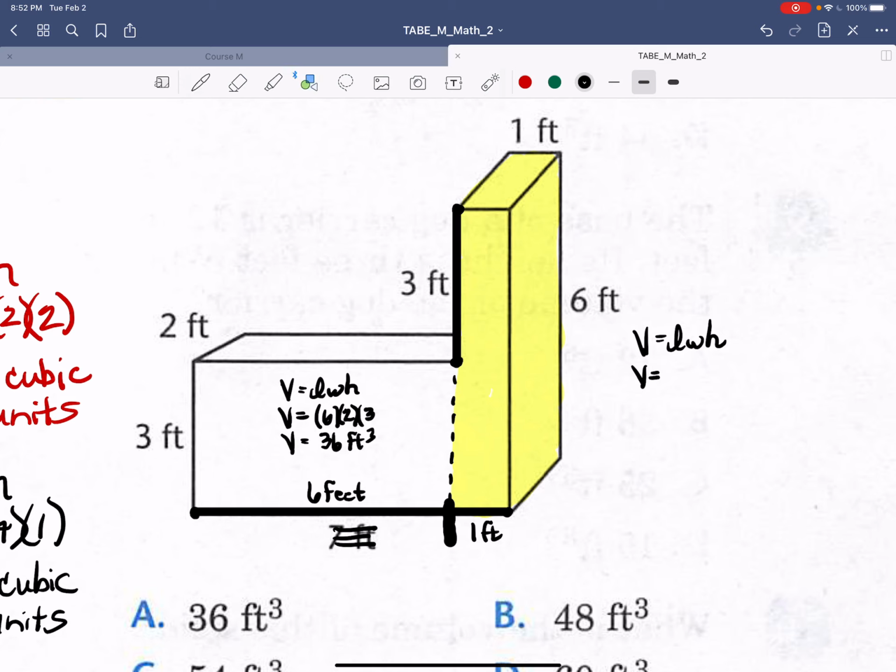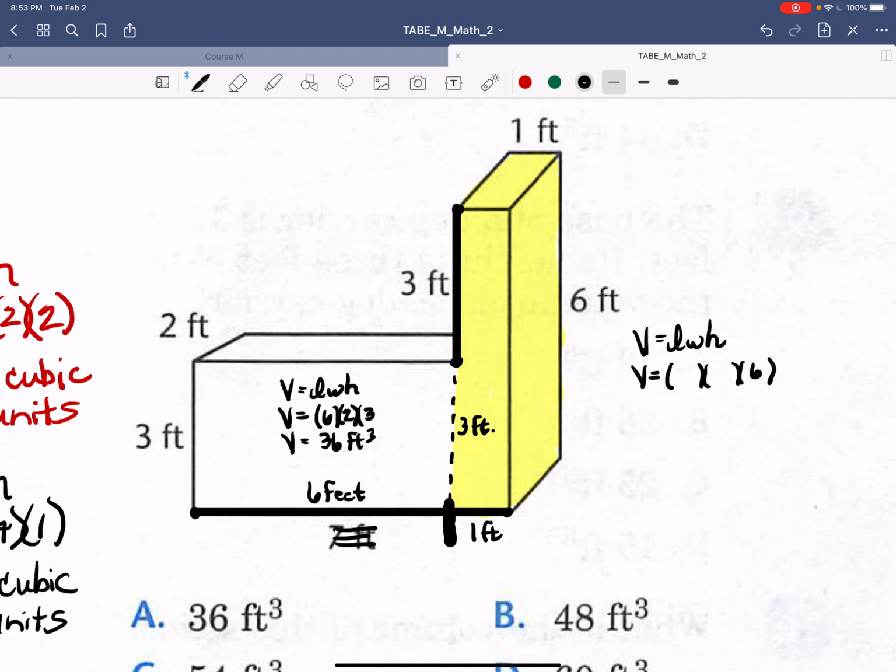Now, we do have that in terms of the height. You know that 6 feet is the height, so this would also have to equal 6 feet. That's probably the easier way to see it. But my dashed line is 3 feet, making a total of 6. So I can tell you the height of this yellow one is going to be 6.